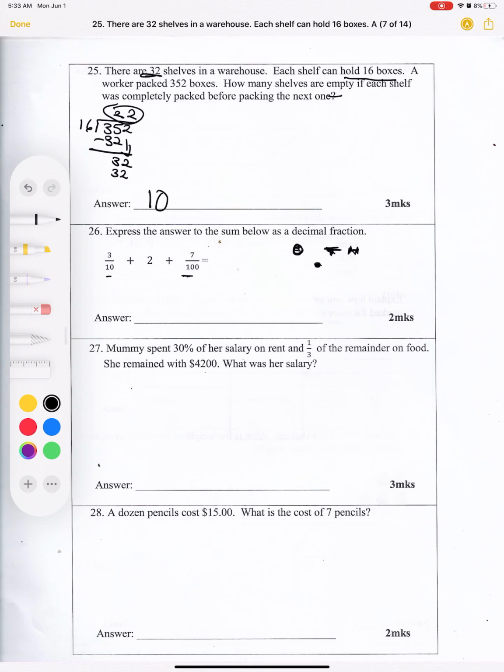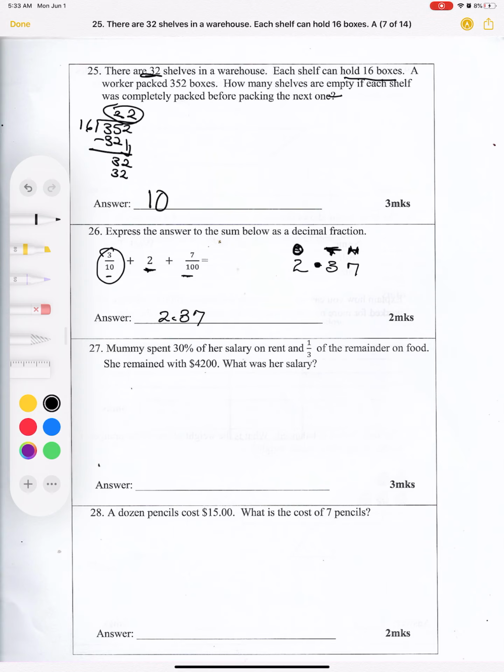How many tenths? 3 tenths. So 3 will go on the tenths. We have 2 wholes, and 2 wholes will go on the ones. We have 7 hundredths, so 7 will go on the hundredths. The answer is 2.37.